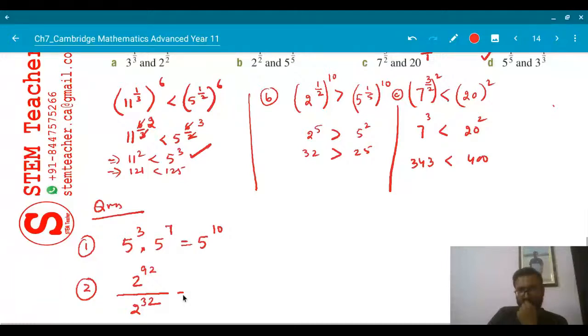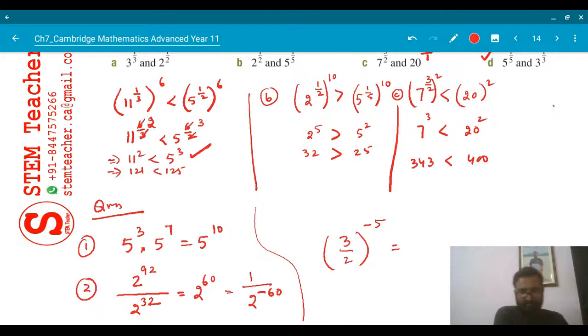What is the answer? 2 power 92 minus 32 equals 2 power 60. If you want to note this number in the negative power, it will be 1 upon 2 power minus 60. Okay. And next, 3 by 2 whole power minus 5. How can you do this?